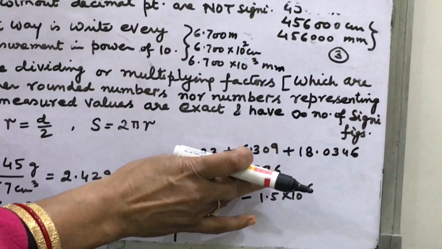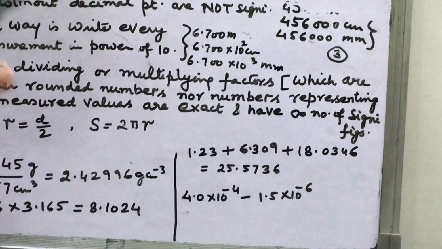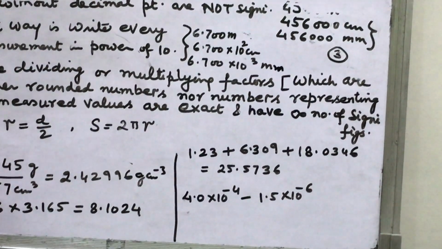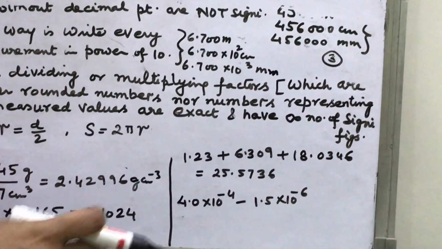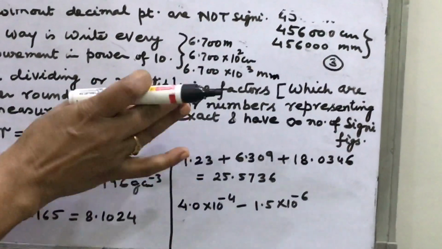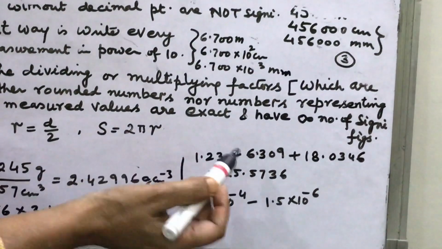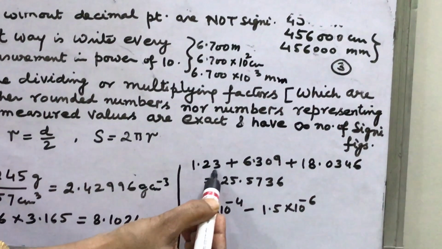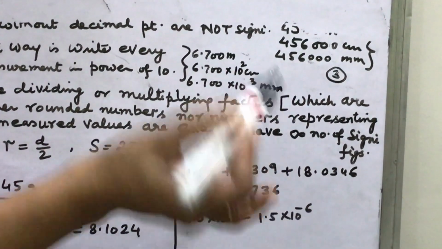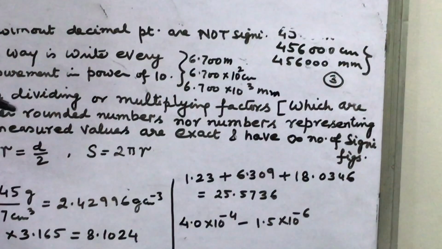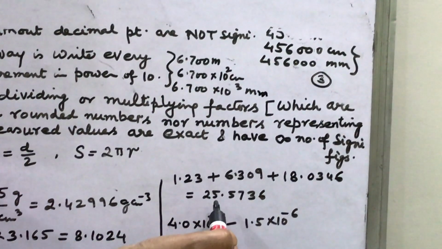The answer should retain the minimum number of decimal places which the quantities to be added have. Here the minimum decimal places are 2, because here 3, here 4. So the answer must contain only 2 decimal places, which are 1, 2, 3, 4, 5.